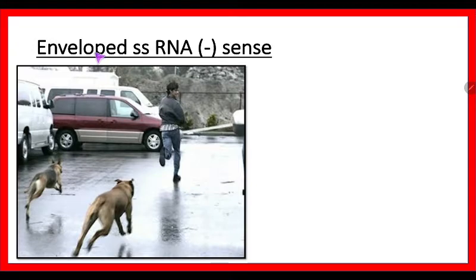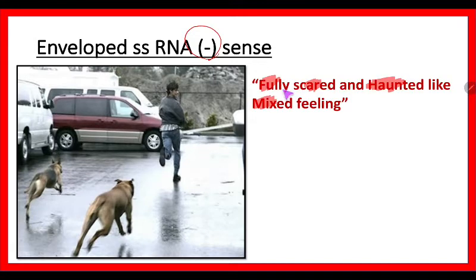Next is enveloped single stranded RNA of negative sense. To remember this, let us think of this scene. What will be one's mindset in this scene? It is fully scared and haunted, a mixed feeling, right? Because these are rabid animals, they are more aggressive and are going to follow us and chase us.